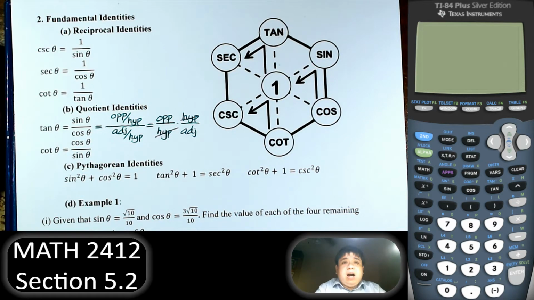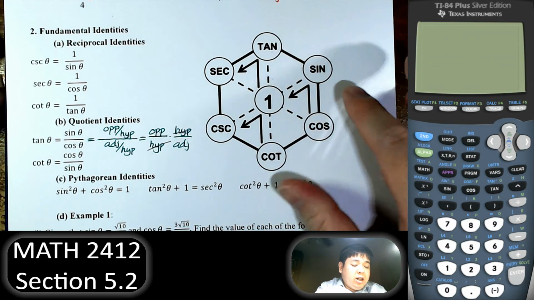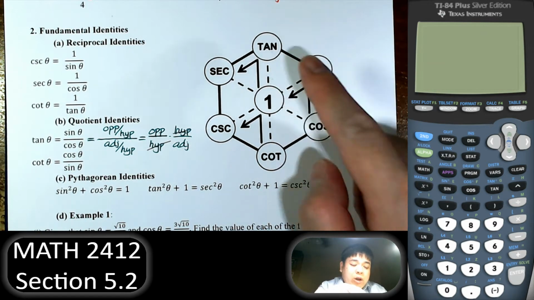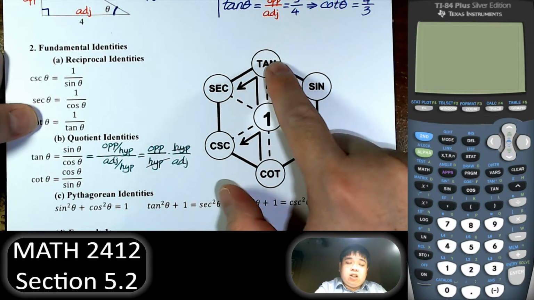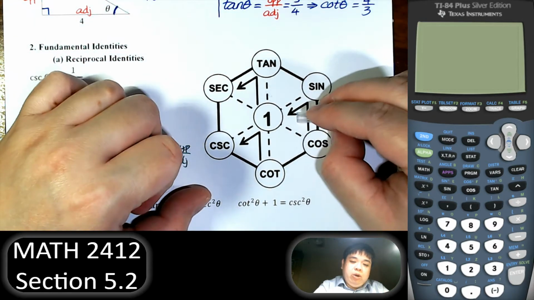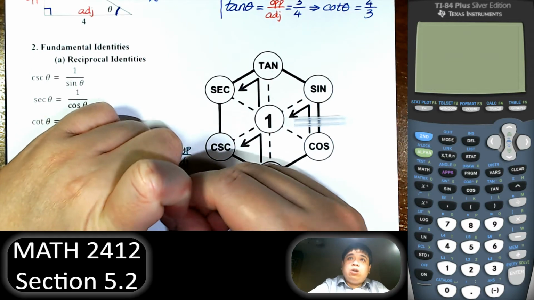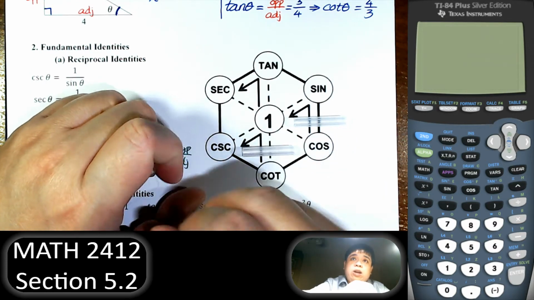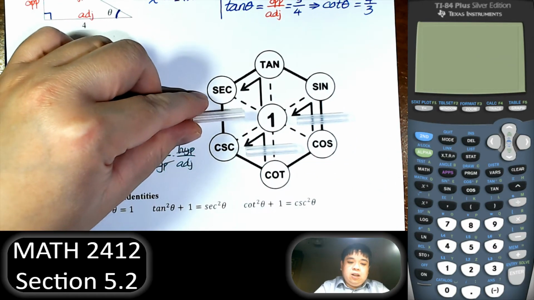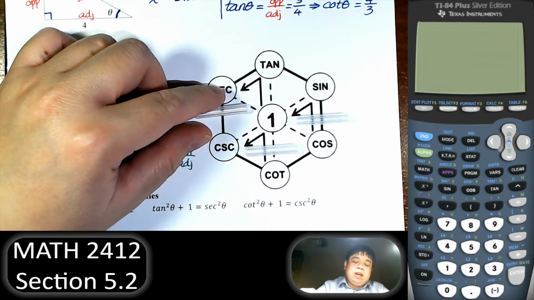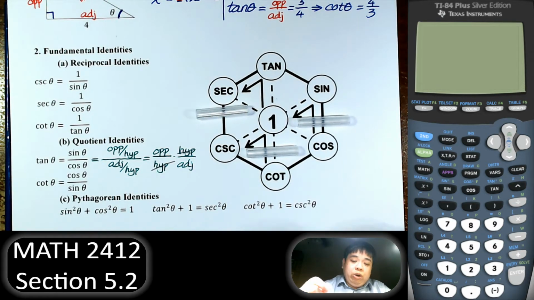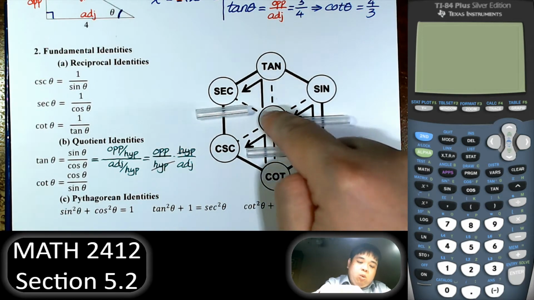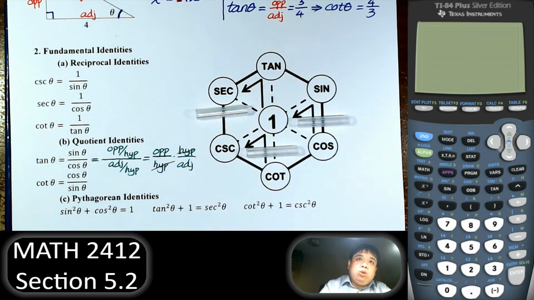But the bottom line is, if we have this hexagon, there will be 3 ratios. For example, if we put tangent on the top, we will have 3 ratios: sine over cosine, 1 over cotangent, and secant over cosecant.